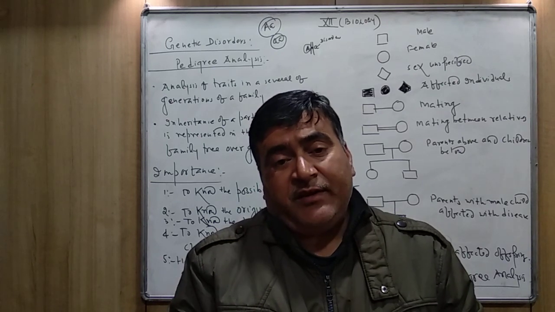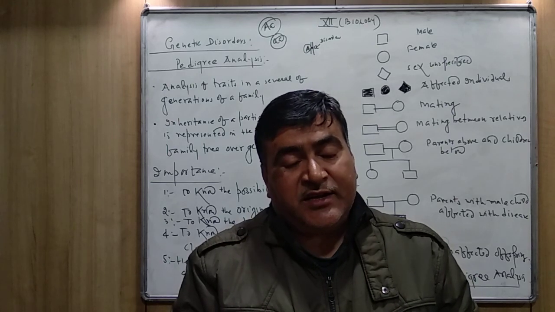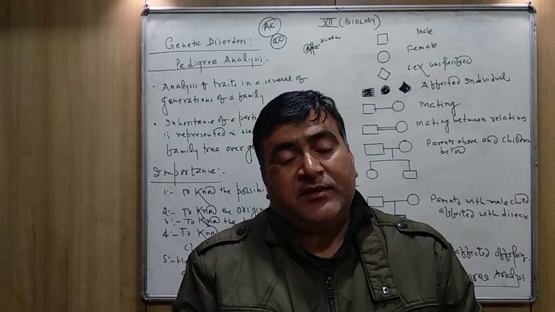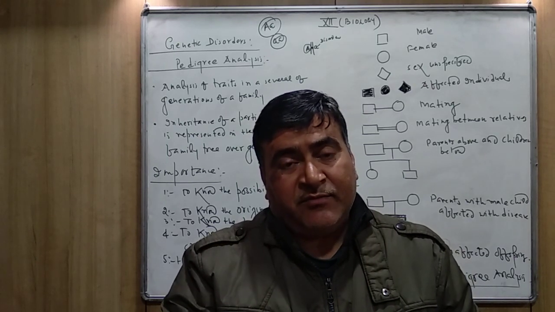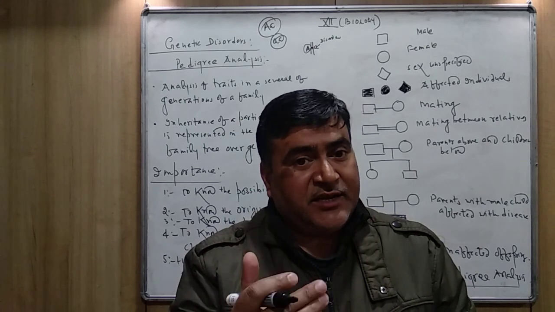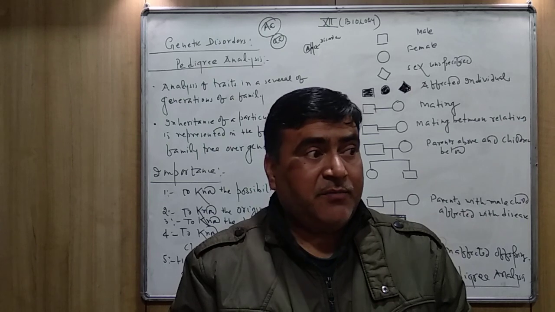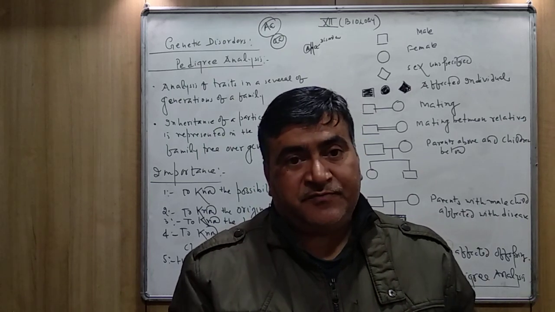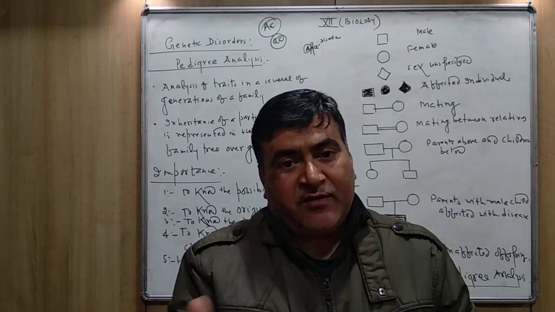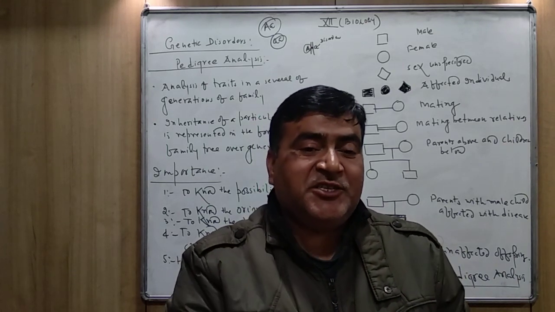But if any individual is suffering from the disorder, it may be that the recessive alleles have come into the homozygous condition. Sometimes they are in a hidden condition, they are not going to be expressed. Maybe the parents, both father and mother, look normal, but their children may have the disease. Why?